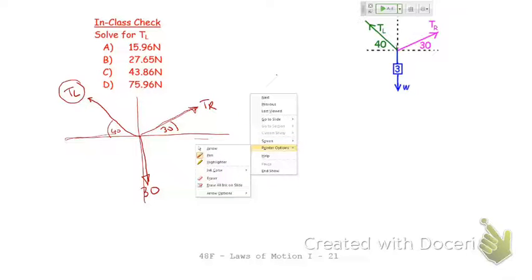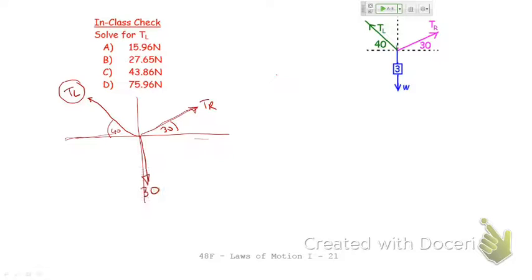This is like happiness. What you do is you go to this guy and you say, I'm going to draw a line that's at 90 degrees to it. I don't want TR. I want to find TL. So I want a line that's at 90 degrees to the thing I don't want. Agreed?